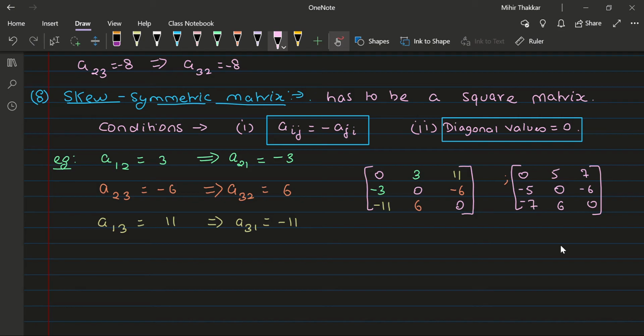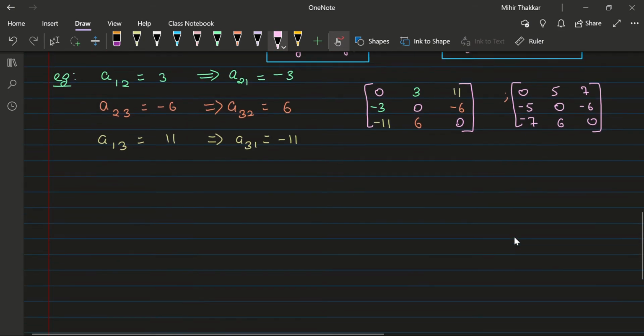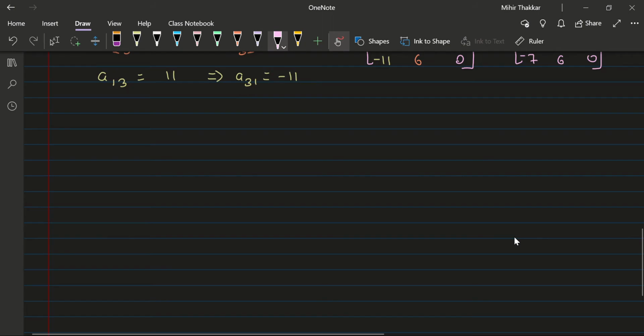Now after that, let us talk about the next type of matrix, which is upper triangular matrix.